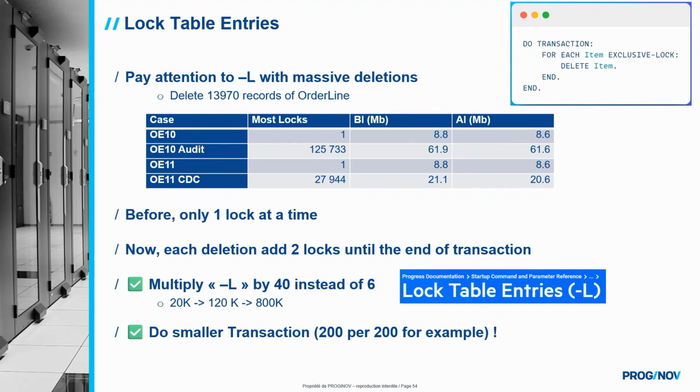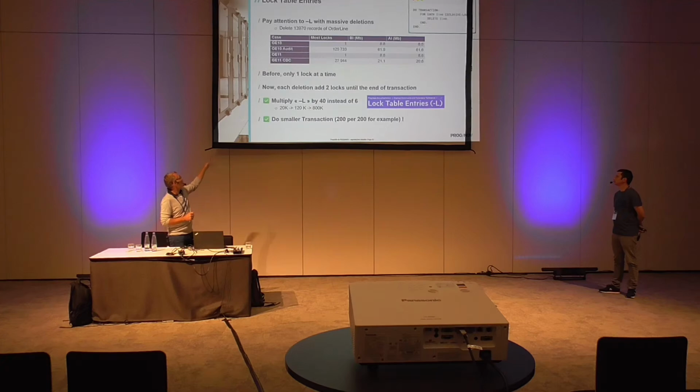Here is a small proof of concept on Sport 2000. I delete every record of order line in one transaction. And as you can see, the most logs, which is very interesting, does not change between OpenEdge 10 and OpenEdge 11. But with auditing or CDC, there is a very large increase of the most logs.